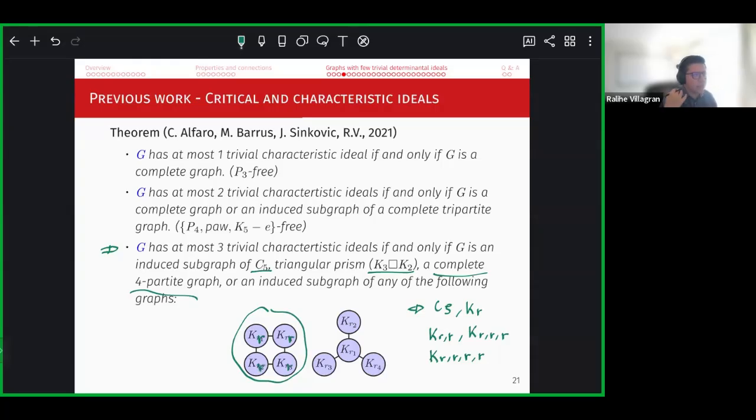So all those graphs have a sandpile group with at most 3 invariant factors equal to 1.